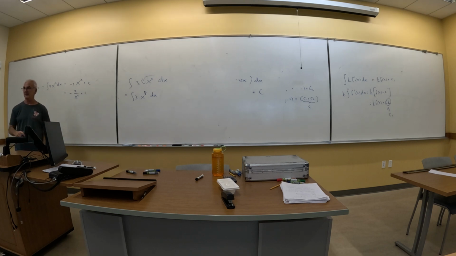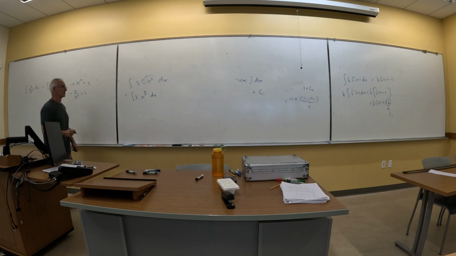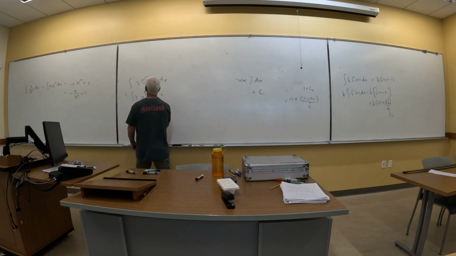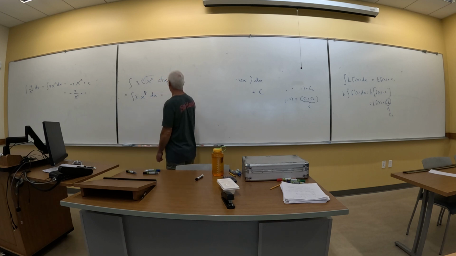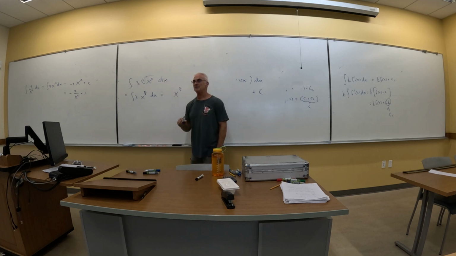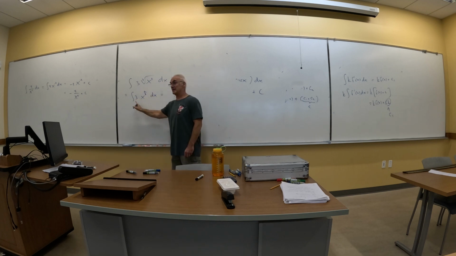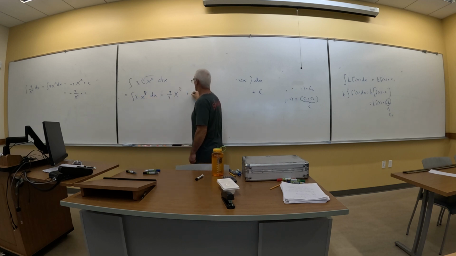That's pretty simple. It doesn't matter that it's an icky number. But you're going to do that before you worry about the coefficient. So when I add 1 to the exponent, what will the new exponent be? 5/3. So it's times 3/5. Times 3 would be 9/5. Quick check. 5/3. Okay, boom.